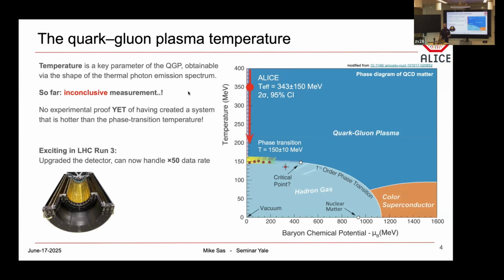So we have no conclusive measurement that we are actually creating a system that is above the phase transition temperature predicted by lattice QCD. So it's not just that measuring accurately the temperature is a cool business. I think it would even be very good to establish that we are actually creating a system that is as hot as we claim it to be, right? So currently there's no experimental proof yet that we are creating such a system.